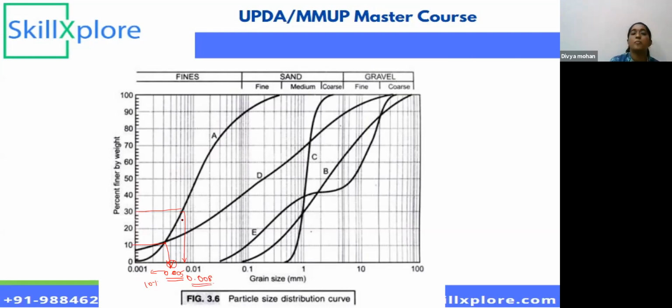From that we can say that this is the size below which 30% of the soil mass is present, and D60 is this one.